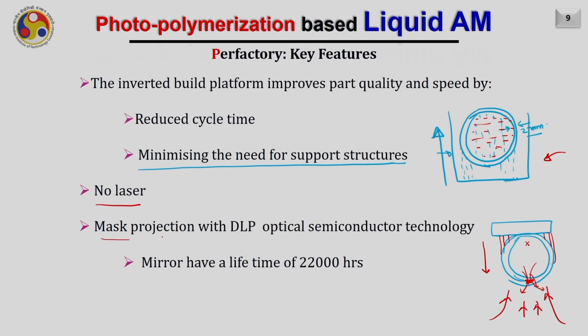Another key feature is mass projection with DLP optical semiconductor technology. Here, one very good benefit we can see immediately is that the entire layer, for example, in this layer, this is the region which you want to cure, the entire region will get cured in a single go. As in the case of SLA, you have to scan the internal region by moving the beam appropriately with a step over value.